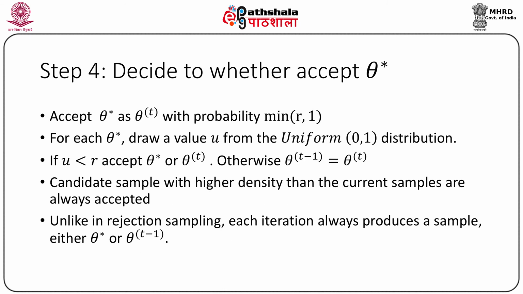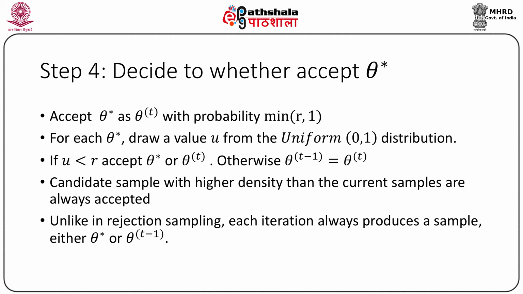We decide whether to accept theta star. These are the important points. We accept theta star as theta t with probability minimum of r and 1. For each theta star, draw a value u from the uniform 0, 1 distribution. If u is less than or equal to r, we accept theta star as theta t, otherwise theta t equals theta t minus 1.